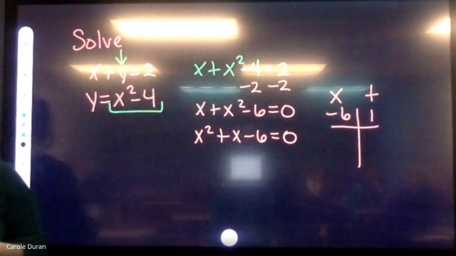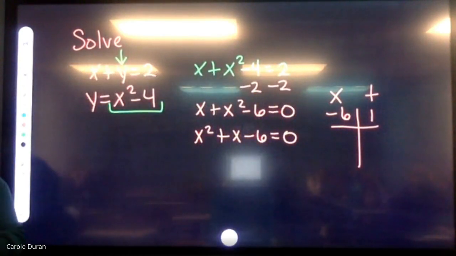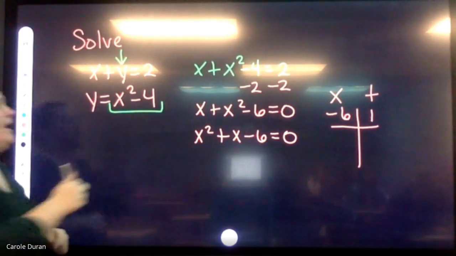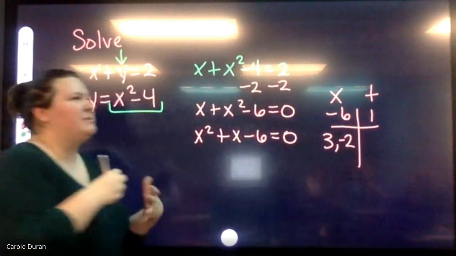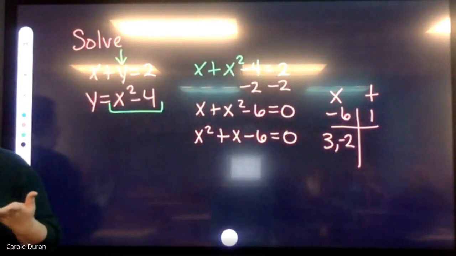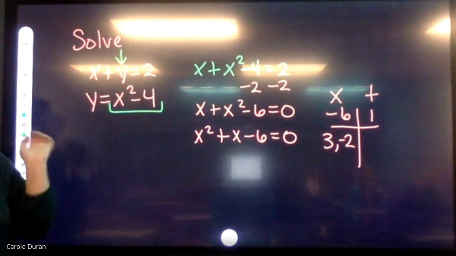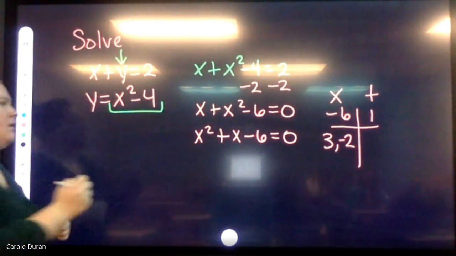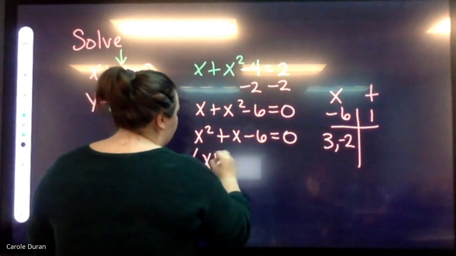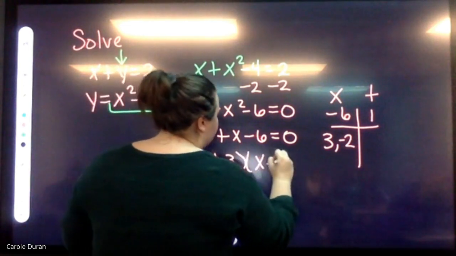Yeah, what do we come up with? 3 and negative 2, right? Because I wanted them to add to a positive 1, which means the 3 had to be positive because it's the bigger number. Okay, so that does work. 3 times negative 2 is negative 6. 3 minus 2 is 1. So this factors into x plus 3, x minus 2.